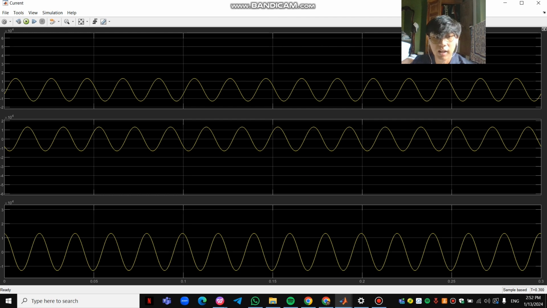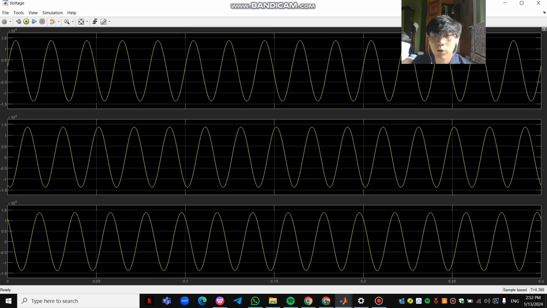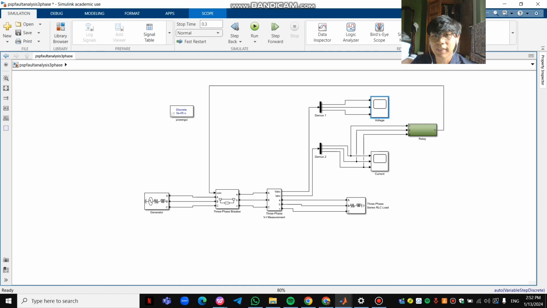Here is the current waveform, and the voltage waveform is also the same. The voltage has the same angle, and the value of the voltage is the same at each time here. That's all for the unbalanced fault and balanced fault results, and that's all for our simulation. Thank you.